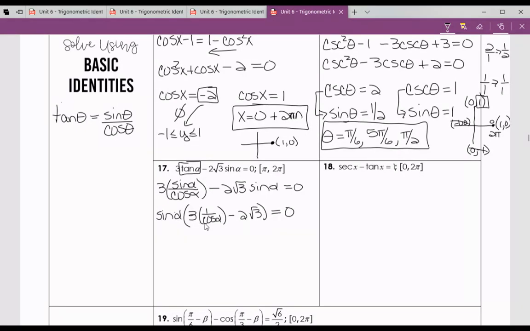Now, I can turn 1 over cosine, 1 over cosine theta, into secant. So I have sine alpha times 3 secant alpha minus 2 square roots of 3. Now, I have both of my factors, so I'm ready to solve.